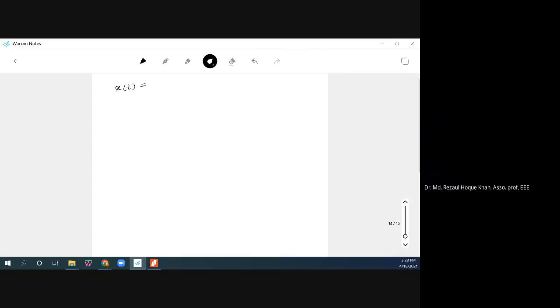So our x(t), rewriting the equation, is the sum over k from minus infinity to plus infinity of ak, a random data, times the pulse p(t minus kT). This is a fixed delay. What we will do is add a random delay to it, for example t0.